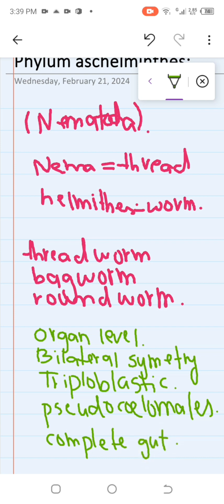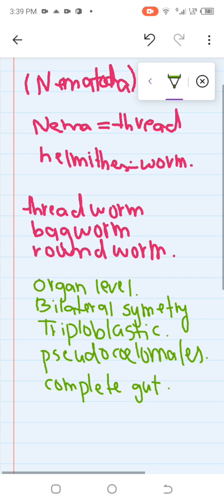If I talk about the excretory system, they have an H-shaped excretory system. This means they have two lateral canals, and one median ventral excretory pore.